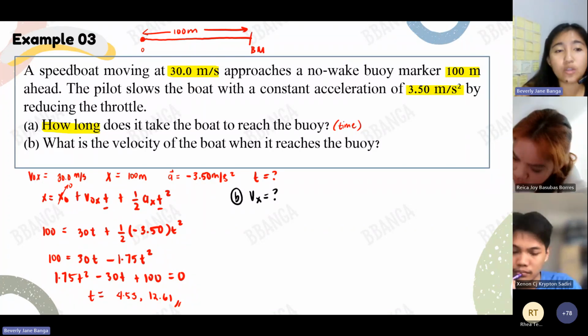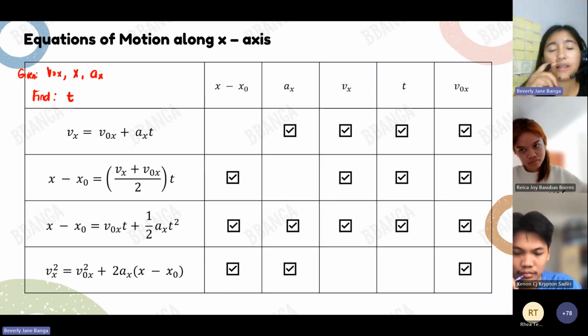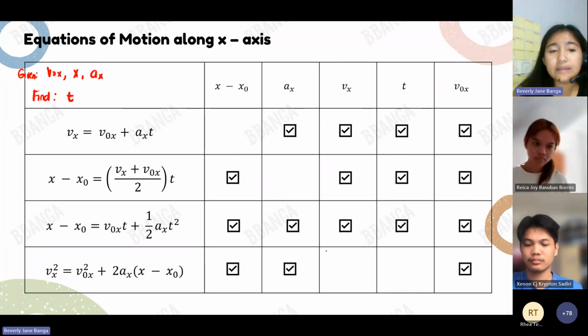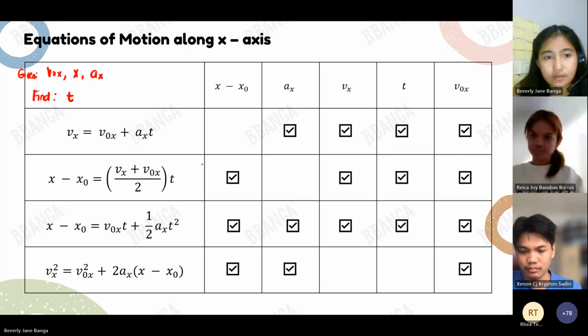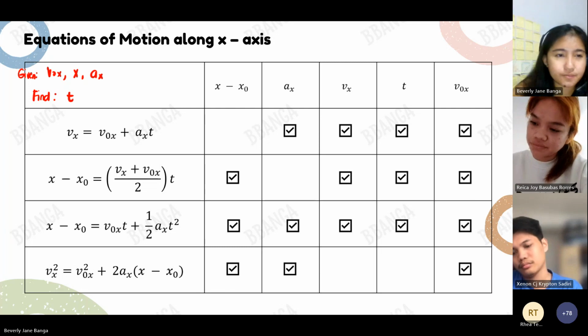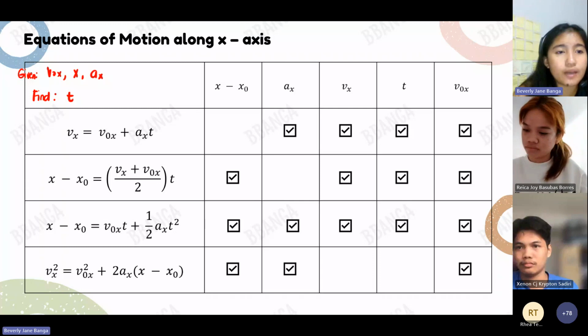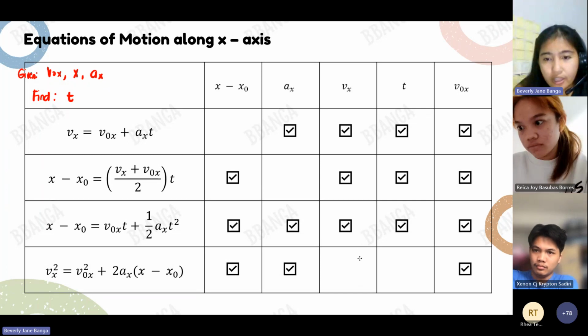Kompleto na yung limang parameters natin. Kung babalik tayo sa formula natin, pwede na nating gamitin lahat ng formula maliban sa equation number 3.